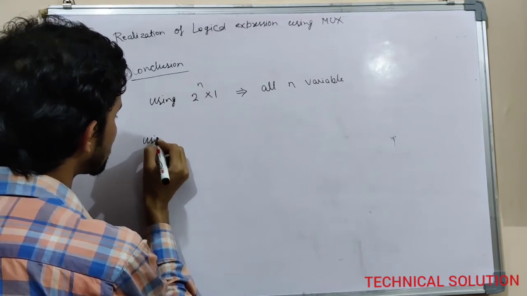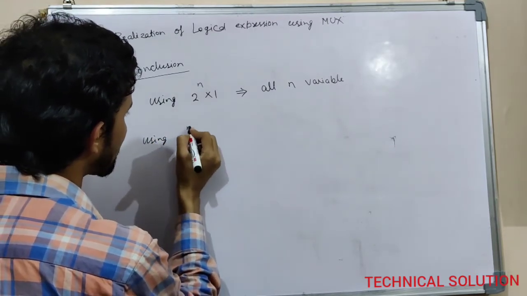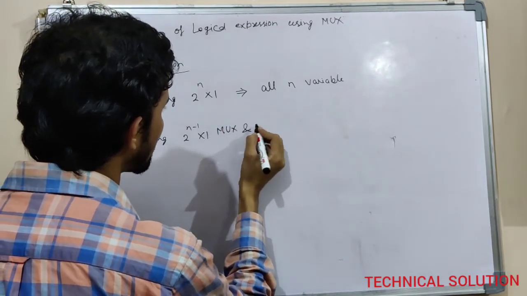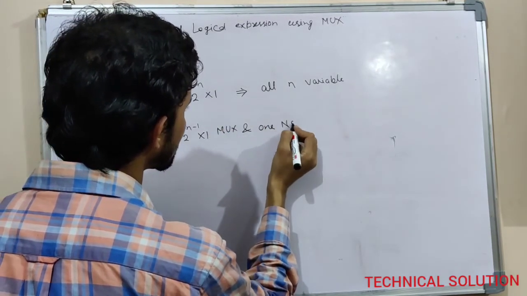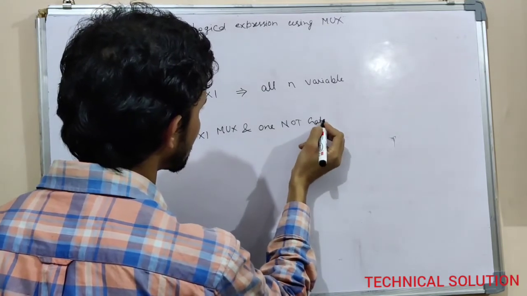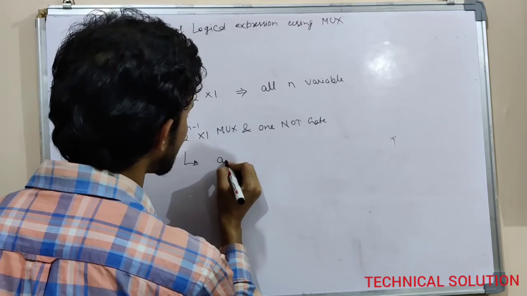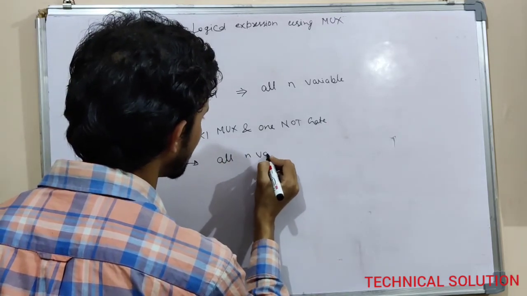And using a 2 to the power n minus 1 by 1 mux and 1 NOT gate, we can also realize all n variable functions.